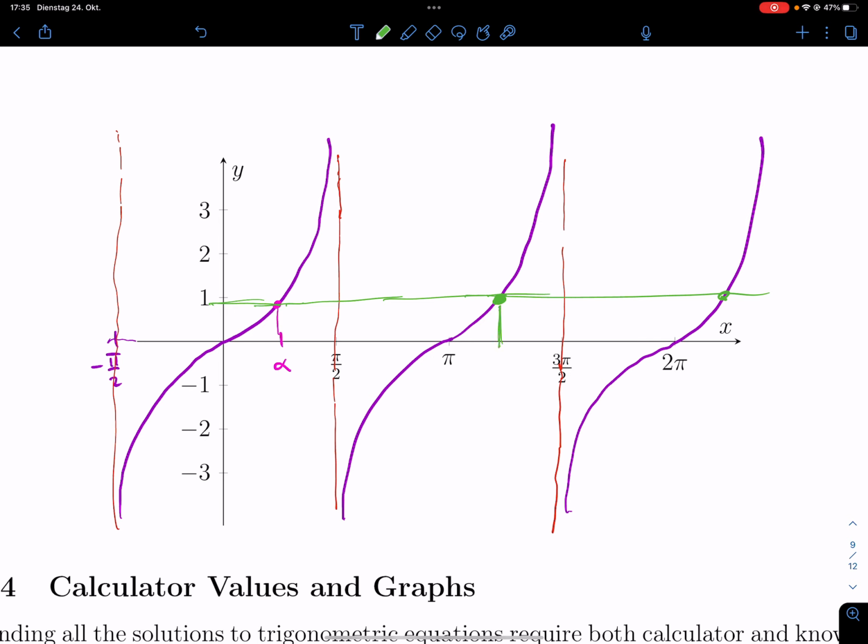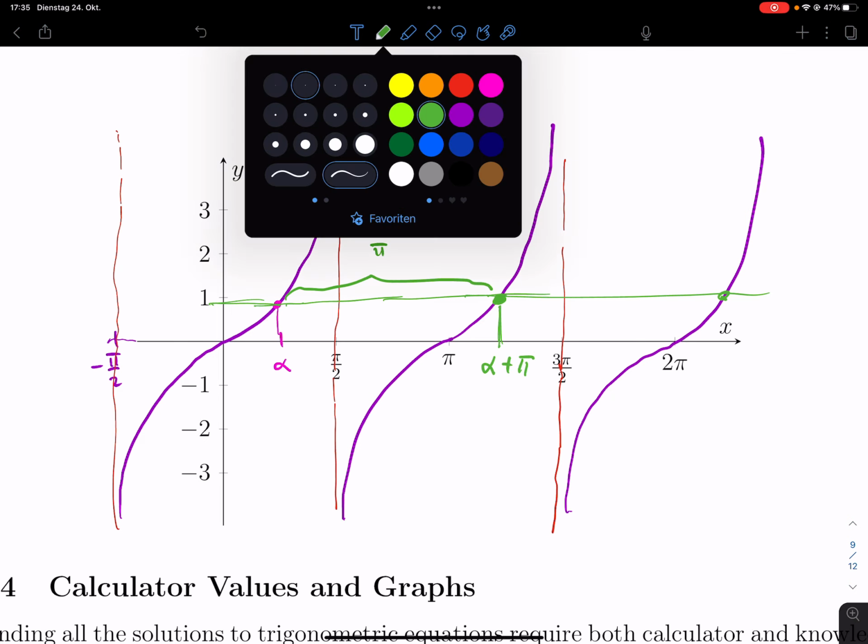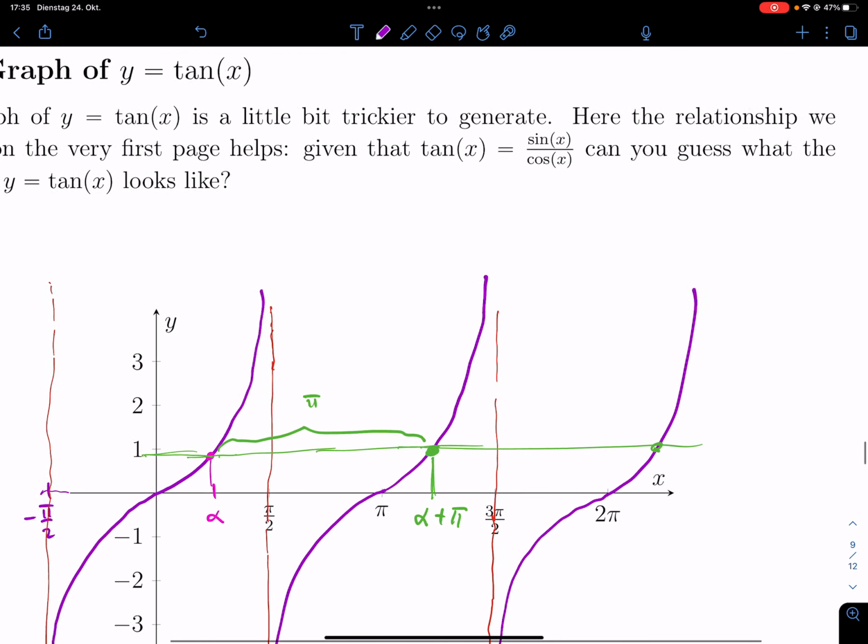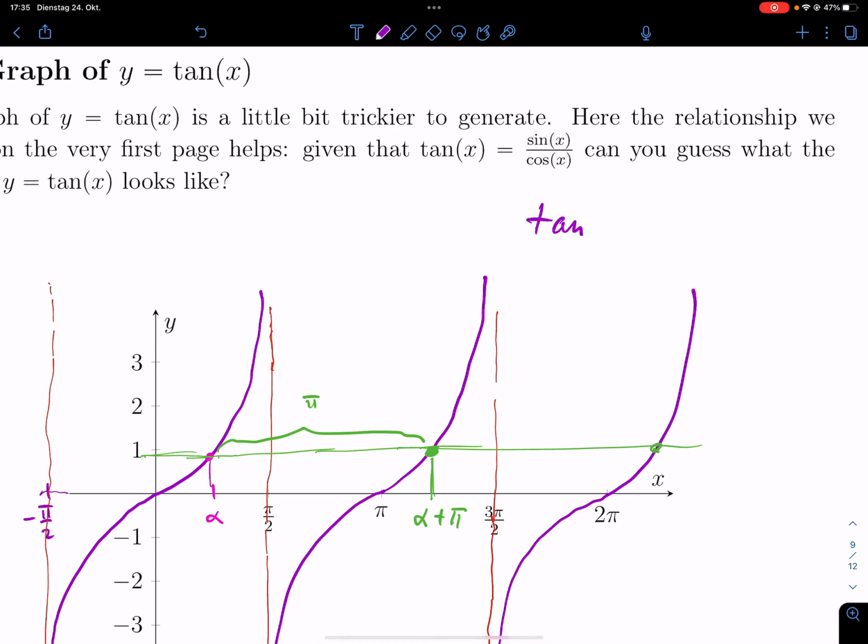The important next solution is here, and you might already anticipate or see, you just jump by pi to the right. So here is alpha plus pi. And that gives us also the symmetry for the tangent. Tangent of alpha is the same as tangent of alpha plus pi, or in degrees, tangent of alpha is the same as tangent of alpha plus 180 degrees.